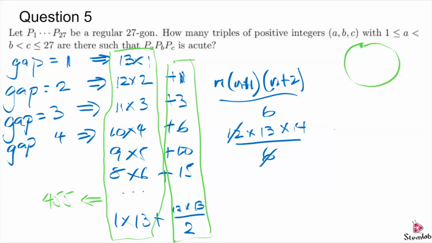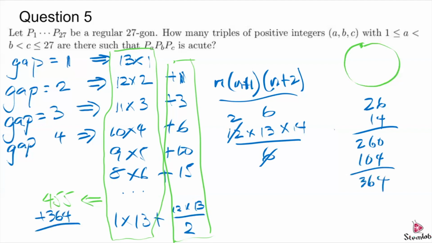Cancel, cancel, 2. So this is 26 times 14, or 260 plus 104. So this is 364. So we add 364, and that's how we end up with 819. Okay.